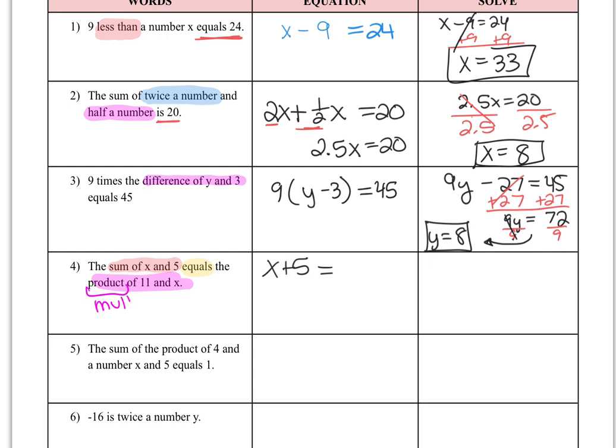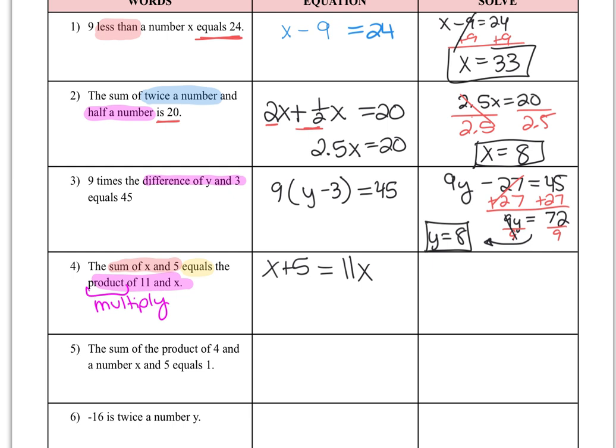If you need to, write multiplication or multiply underneath the word product, as a reminder for later. When we write it with 11 and x, we just write it as 11x. Anytime you're multiplying a number with a variable, your number must come first. That's called your coefficient. All right?